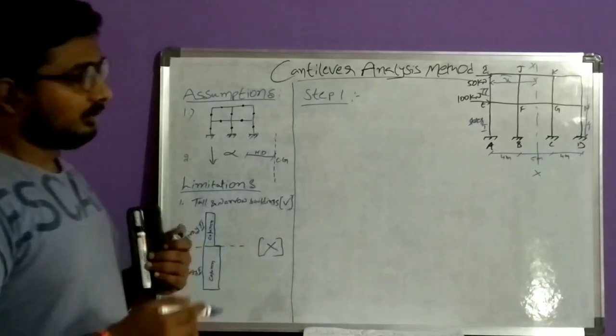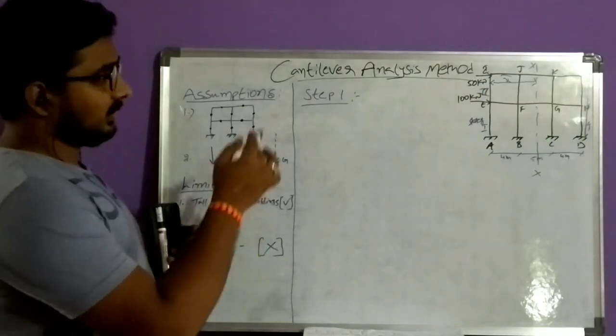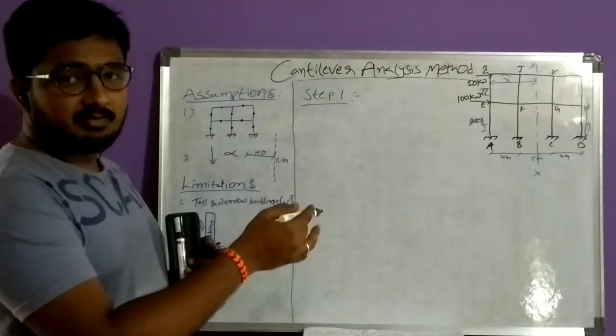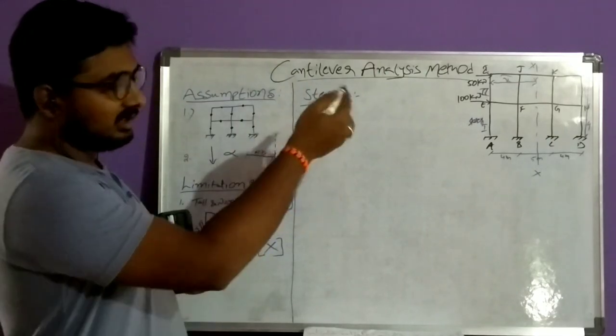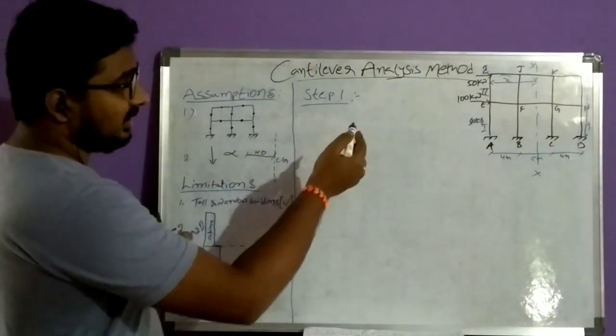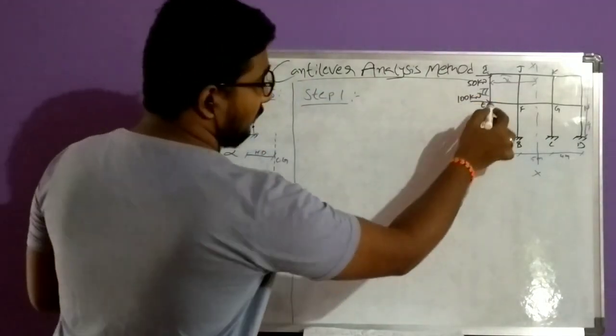I don't know the value of the horizontal distance from each and every element to the centroidal axis. So that's why I'm considering x dash as the horizontal distance from column 1.